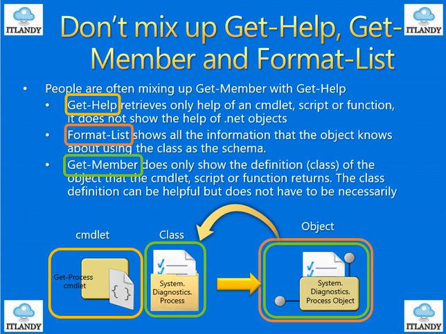Format-List shows all the information that the object knows about, using the class as the schema. Get-Member only shows the definition, the class of the object that the cmdlet, script, or function returns. The class definition can be helpful, but does not necessarily have to be.